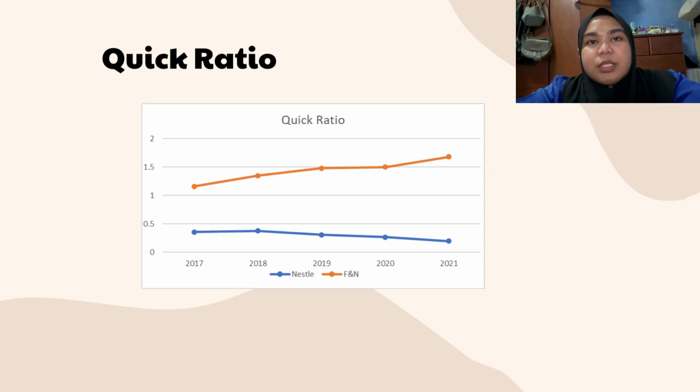In 2020, Nestle's is 0.27, FNN 1.50. In 2021, 0.20 for Nestle and 1.68 for FNN. As you can see, there is quite a big gap between Nestle and FNN, and the highest is FNN from 2017 until 2021.